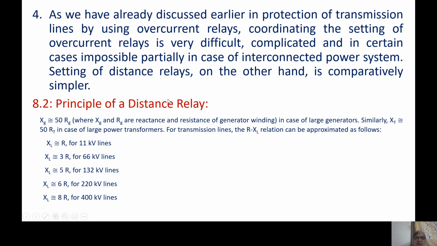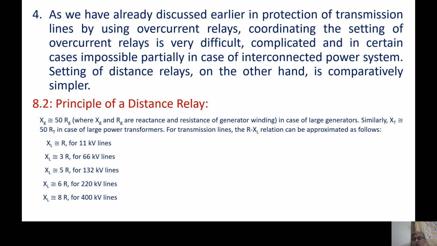That does happen. But that does not happen in the case of distance protection, because distance protection sees local voltage and local current only. So only the zone in which it should operate operates. Other things do not operate.